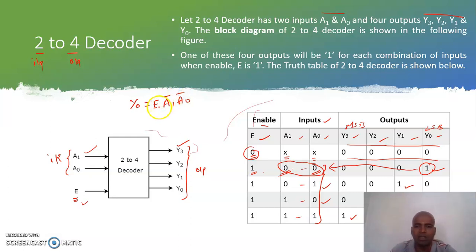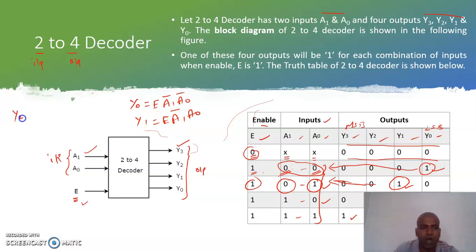Okay. Similarly, for Y1 it is having 1 at only one place. So in that place, the corresponding inputs are A1 is equal to 0 and A0 is equal to 1 and E is equal to 1. Okay. So Y1 is equal to E into A1 bar and A0.